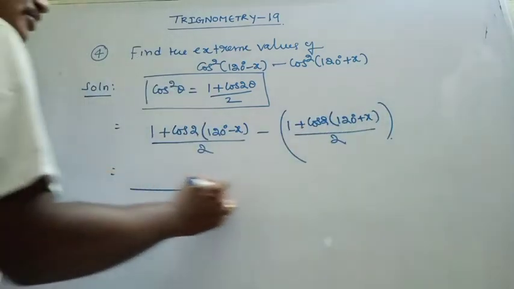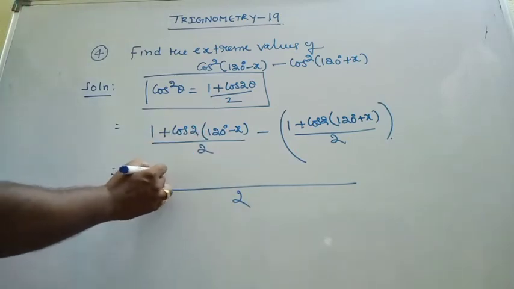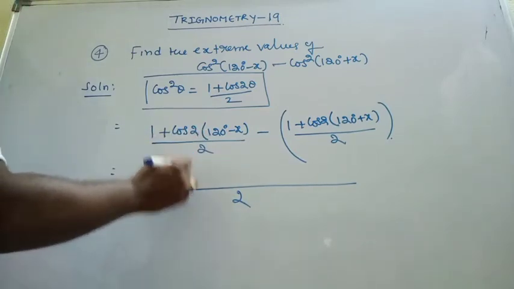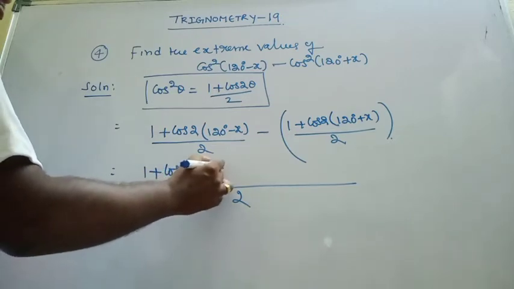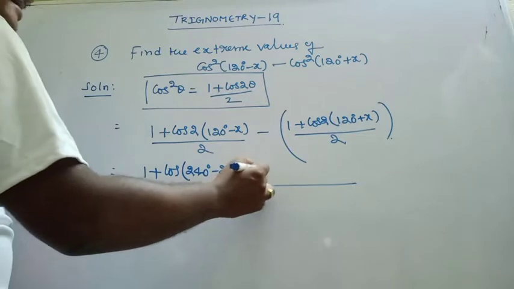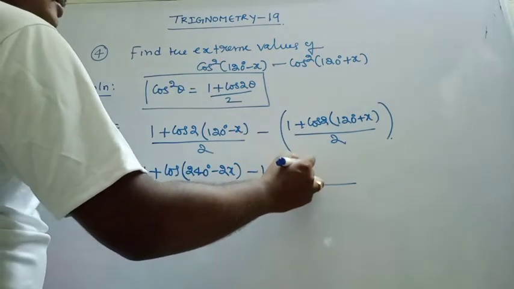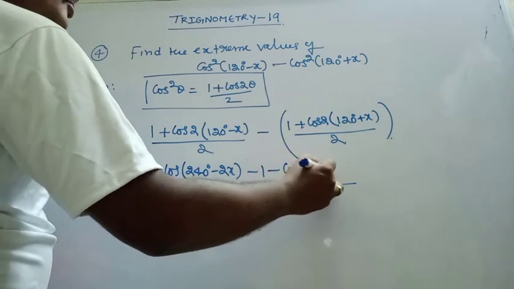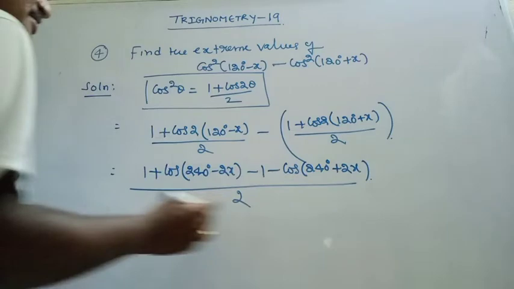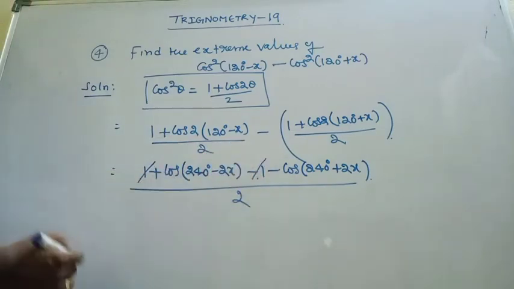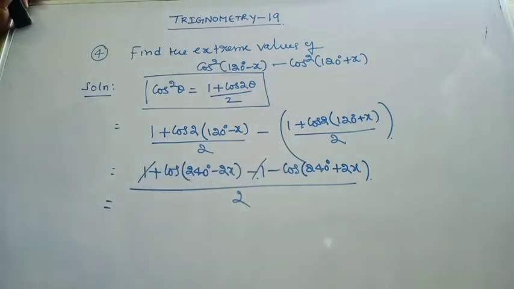Now this is equal to, over 2, if you take LCM, 1 plus cos 2 into 120 degrees, that is 240 degrees minus 2x, minus 1 minus cos 2 into 120 degrees, 240 degrees plus 2x, right? Here plus 1 and minus 1 will be cancelled. Okay? Now you are having cos A minus B minus cos A plus B, right?